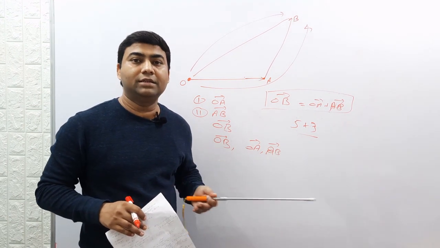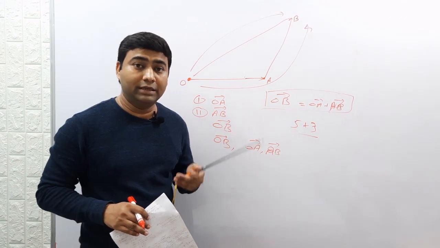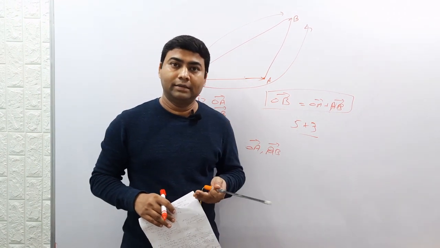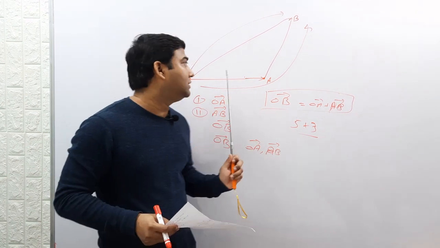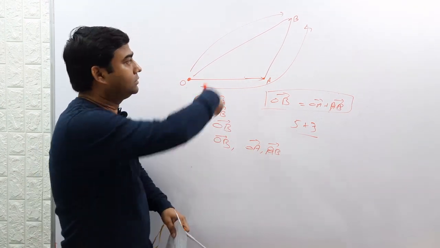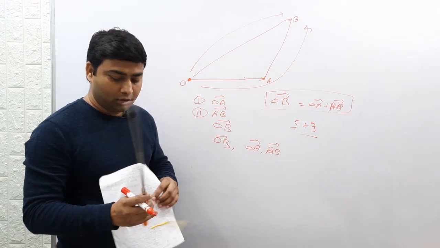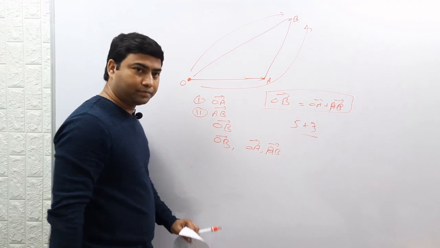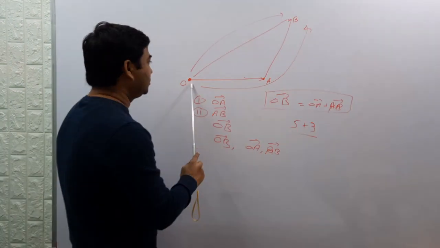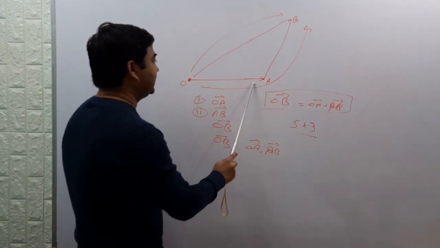This is the intrinsic nature of vector quantities. You cannot question why these vectors follow this geometric rule, why they are not simply added like 5 plus 3. They follow the geometric rule due to their inherent nature.